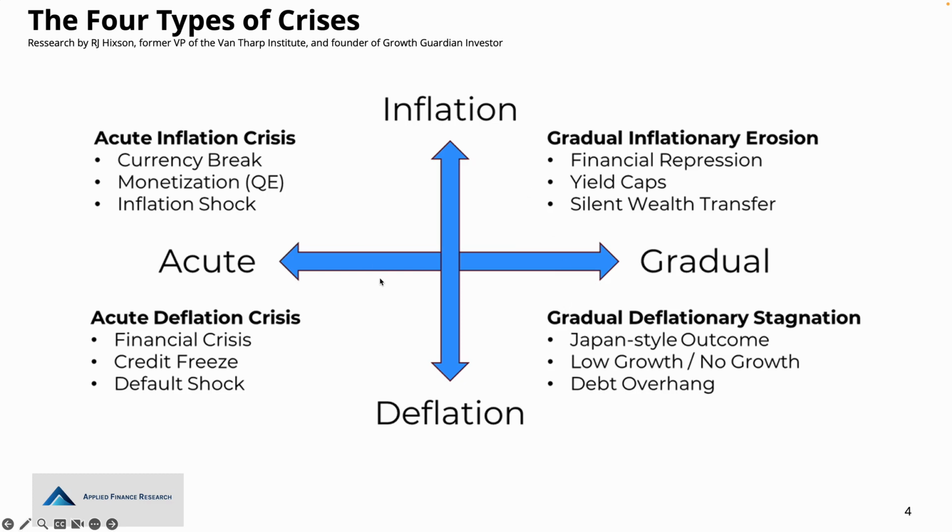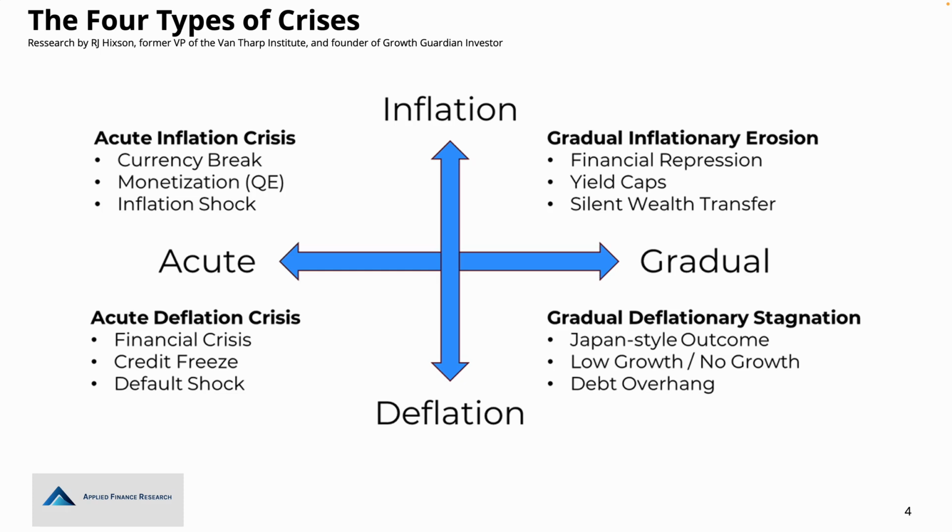So when we look at the quadrants here, in the bottom left, we have acute deflationary crises. These happen when investors lose confidence and credit tightens up and asset prices fall very quickly. An example would be the great financial crisis of 2008. Lehman Brothers collapsed, and within a matter of weeks, the whole global financial system just about seized up.